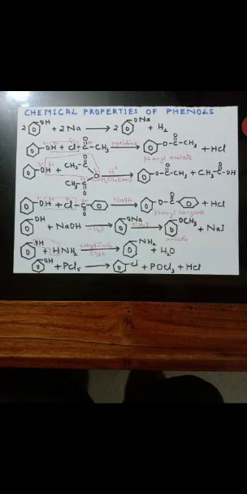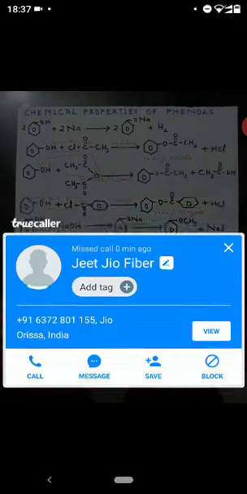Clear? Now next, phenol reacts with alkali metals and their hydroxides to form salts. When phenol reacts with sodium, it gives sodium phenoxide and hydrogen gas is released. Similarly, when phenol reacts with NaOH, it gives sodium phenoxide and water is released.